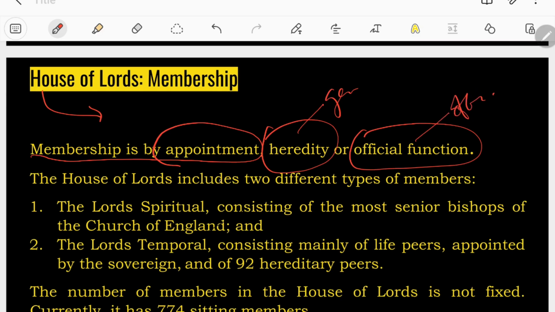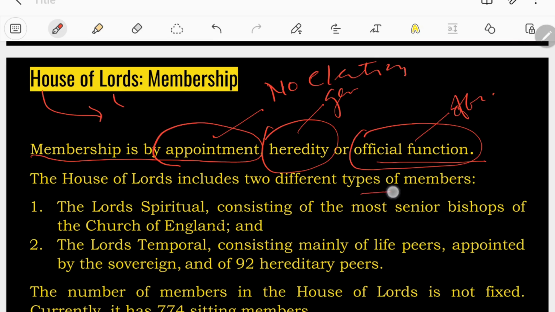Now these people who are appointed as members of the House of Lords, it is a kind of appointment. So there is no election. The appointment is either by heredity or the official function. There is no such election.